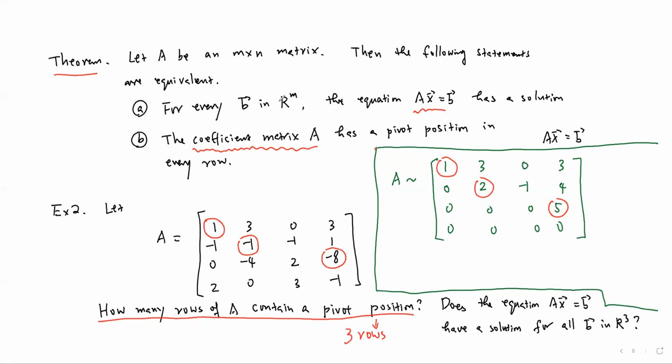Therefore, by the theorem, this linear system has no solution for some vector B. In other words, the columns of matrix A don't span the space, they only span a plane. This is topic 1.